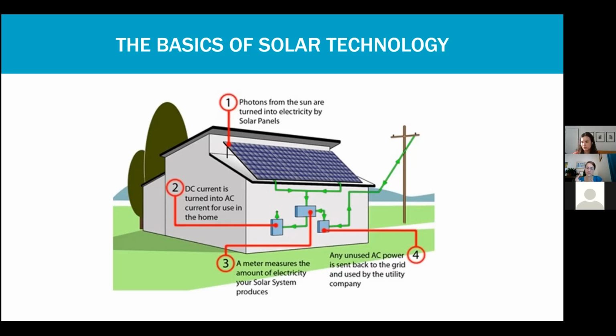And then it's either used immediately on site or it's sold back to the grid at a 1-for-1 rate. So often you'll generate a lot of energy during the day and gain a lot of solar credits. That's what they're called. And then at night, when the sun isn't shining, so you're not producing any power, you use those credits. And over time, most of the time, you can zero out a bill with the solar by doing that.